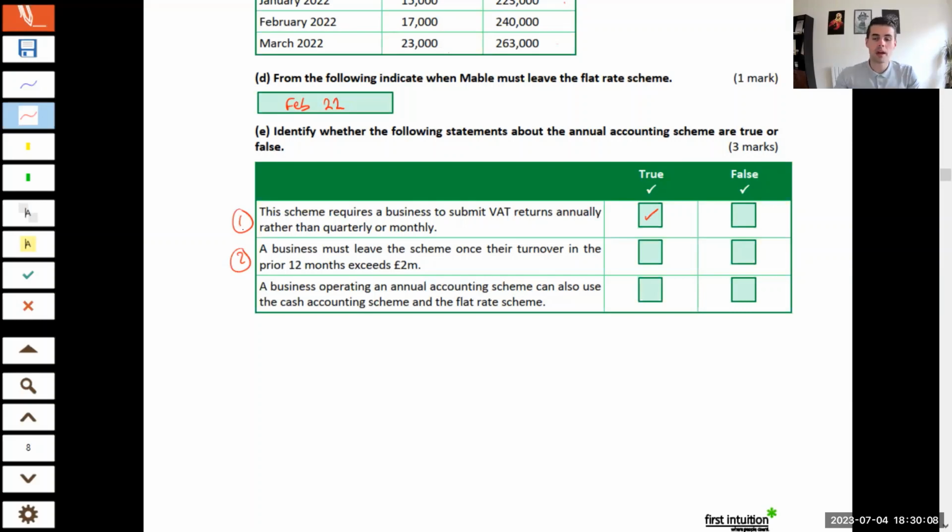So again, that can be a multitude of different things, but it changes from scheme to scheme. You can very easily go, yeah, it's true, because once they hit the threshold, they're gone. Check the reference material. It will tell you, as I can see a couple of people have picked up on, actually, this is false. Yes, you do have to leave the scheme once your turnover in the past 12 months exceeds something, but it's actually 1.6 million, not 2 million, okay?